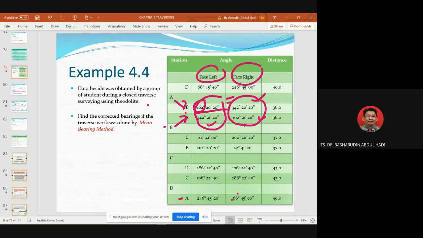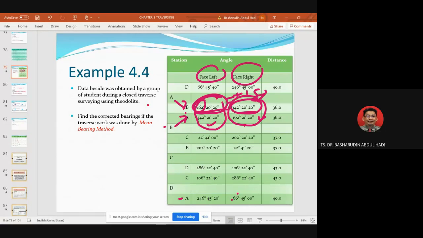So you should get this value. But unluckily on site we cannot get it. For example, 342 degree, you plus with 180 degree, you should get this value, but in a real situation, you cannot get it.